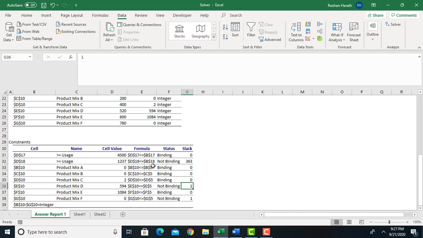So when it comes to binding and non-binding constraints, some of them are quite straightforward to make sense of, while some are not. When it comes to labor and material, those are quite straightforward. And even for product E, making sense of that is straightforward.